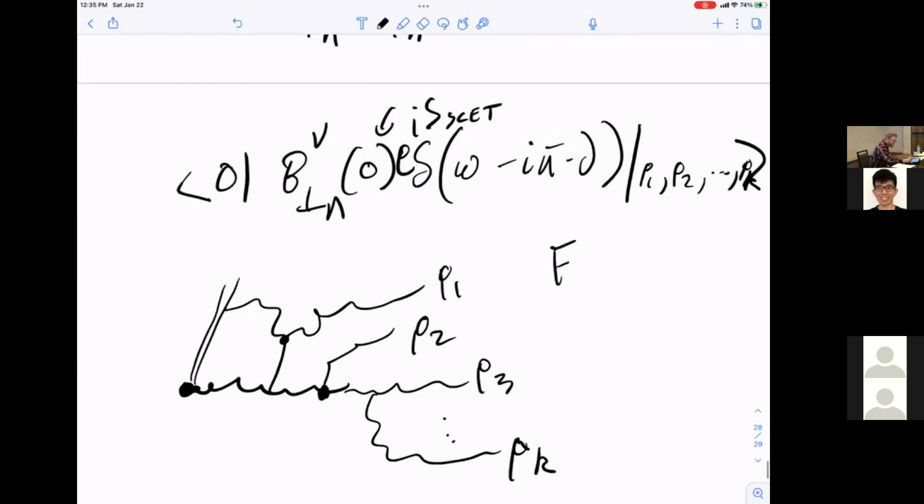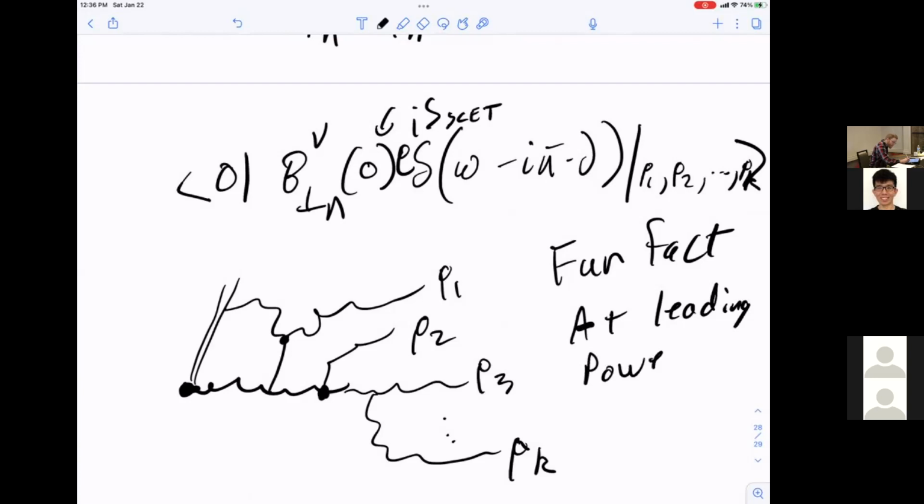Fun fact: my action for SCET is actually equivalent to just QCD. So I can just use my gauge link here. That's the only thing that's going to actually know anything about my n-bar direction. And everything else in this diagram I can calculate just using QCD.